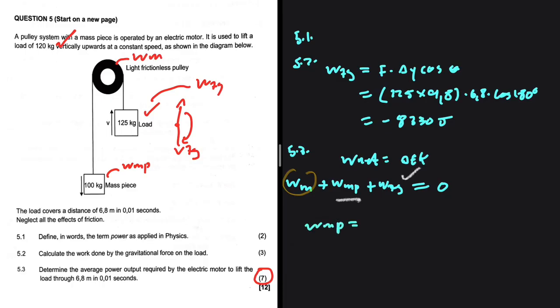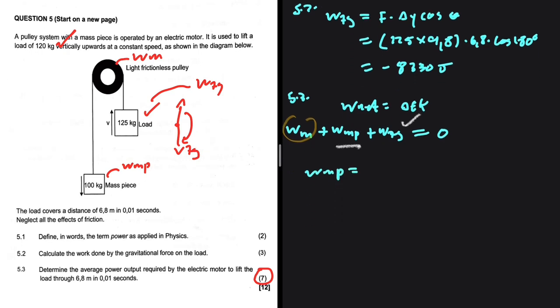The work done by the mesh piece will be equal to F, which is gravitational, 100 multiplied by 9.8. The distance covered, 6.8, and the cos of 0. We have already determined that the mesh piece is doing positive work. We're going to get 6,664 joules.